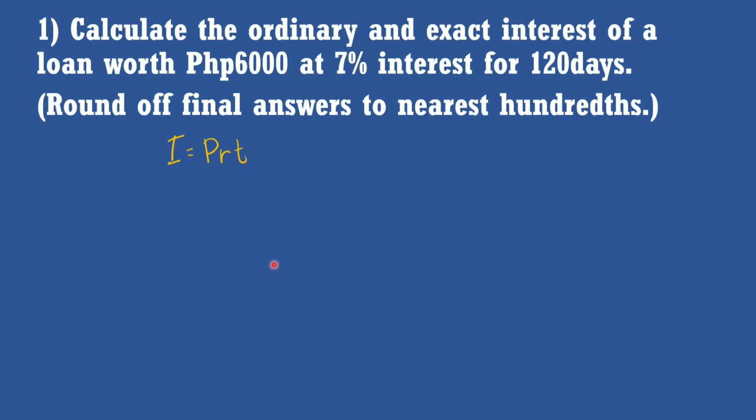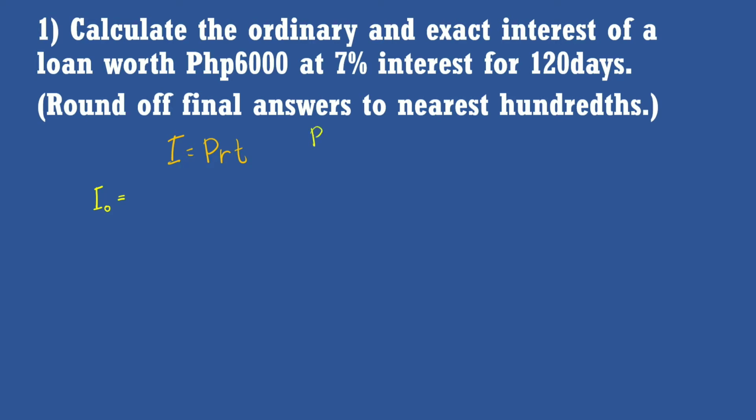In this number one example, calculate the ordinary and exact interest. We will be calculating two interests here, the ordinary and the exact. Let us first calculate the ordinary interest. Let us assign I sub O for that variable, ordinary interest, of a loan worth 6,000 pesos.